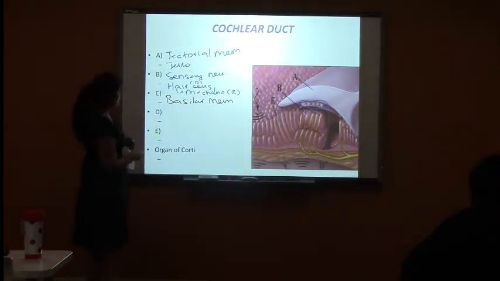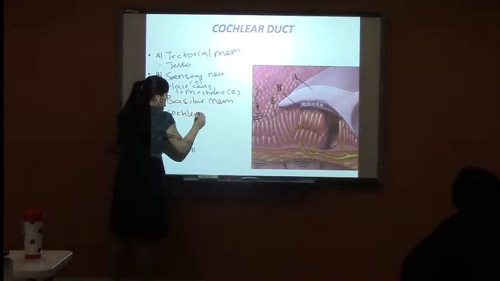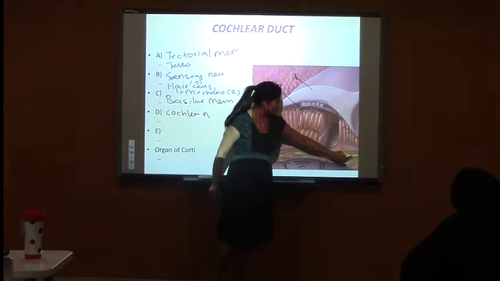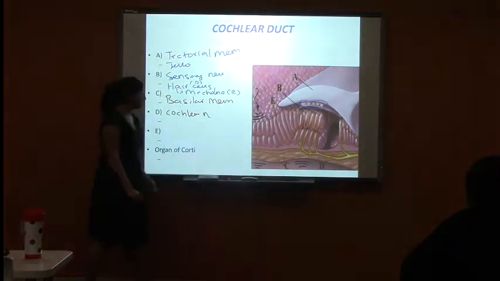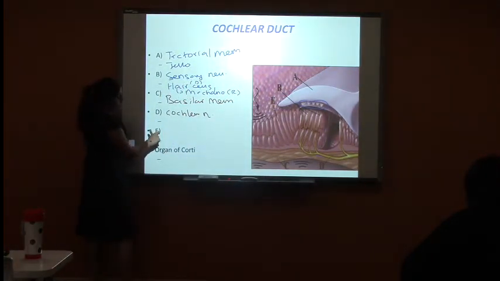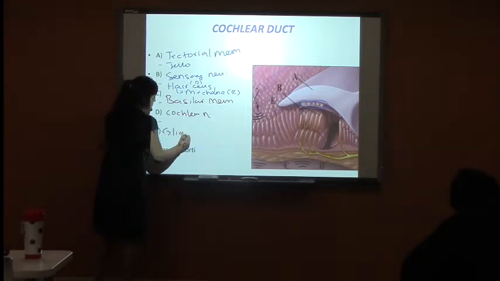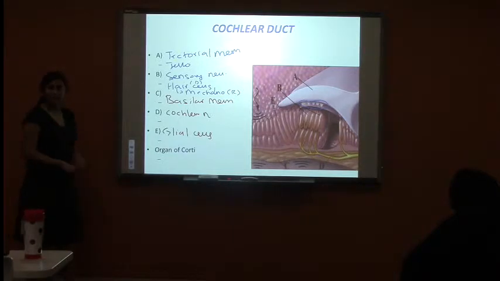What's D? D is the cochlear nerve. Okay, as you can see, all the sensory neurons are coming together forming the nerve. This is the cochlear nerve. This is coming from the cochlea. E is glial cells. Okay? Does that make sense?